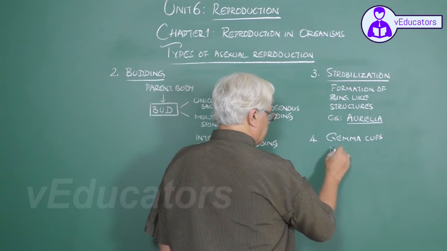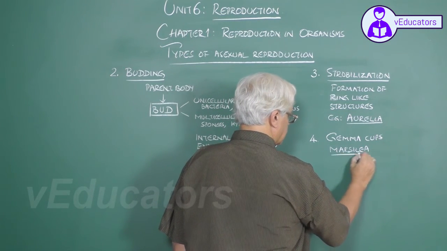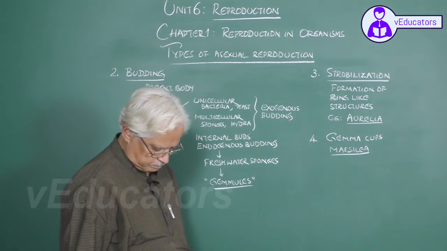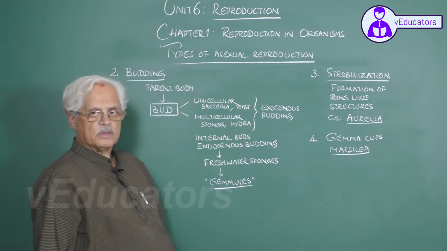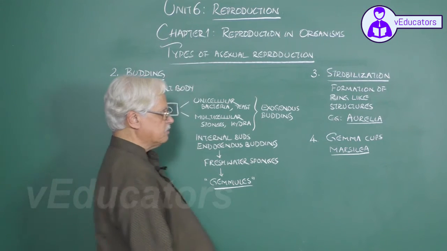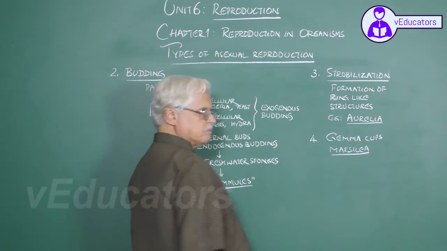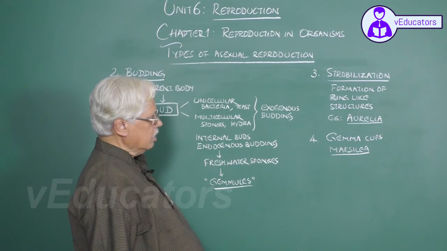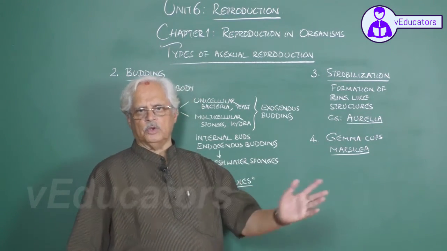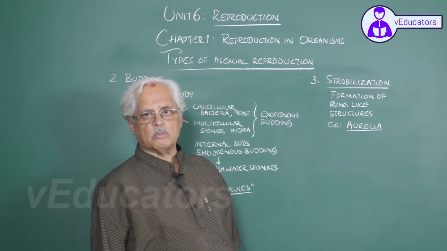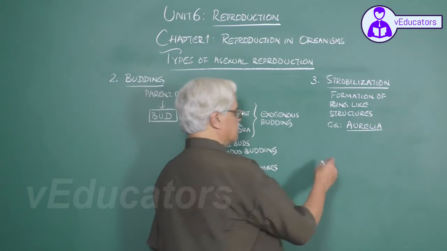In plants like Marsilea, the parent plant develops cup-shaped structures called gemma cups. These gemma cups gradually develop into new individuals.